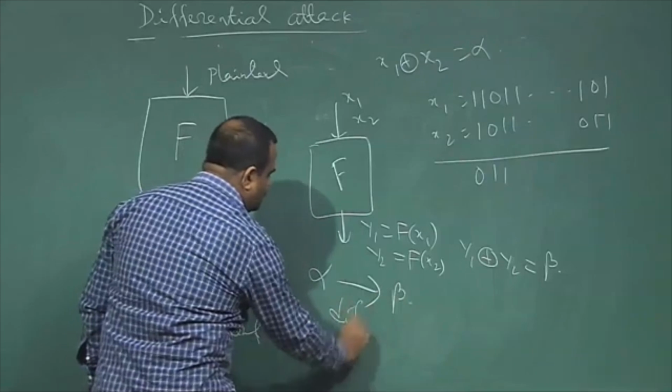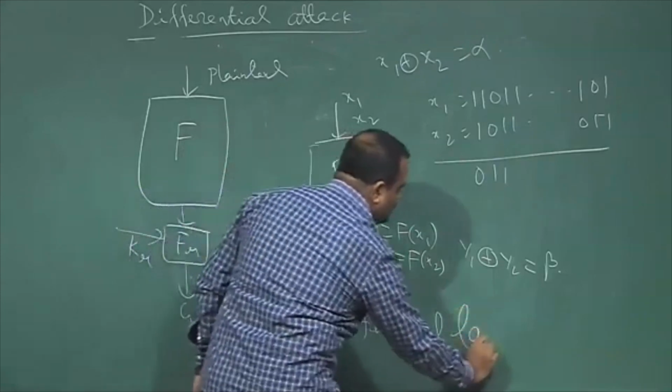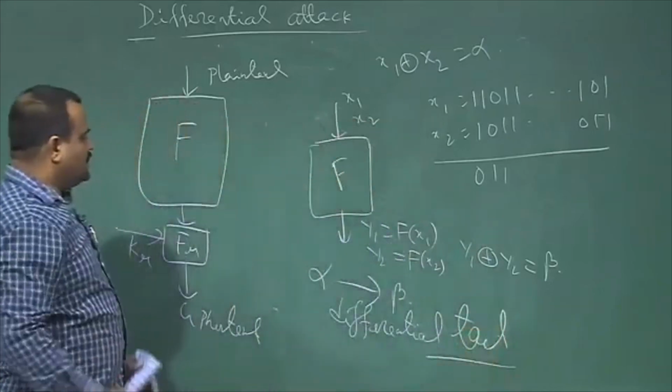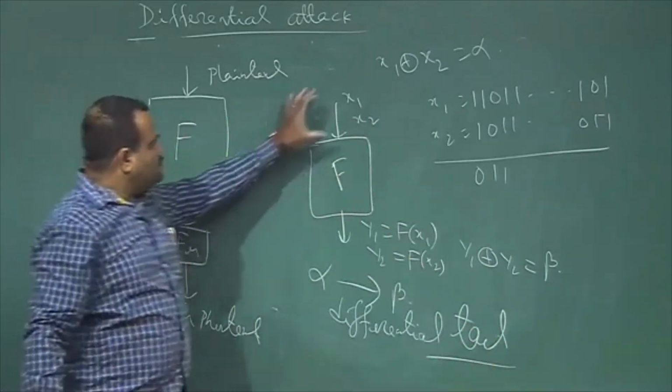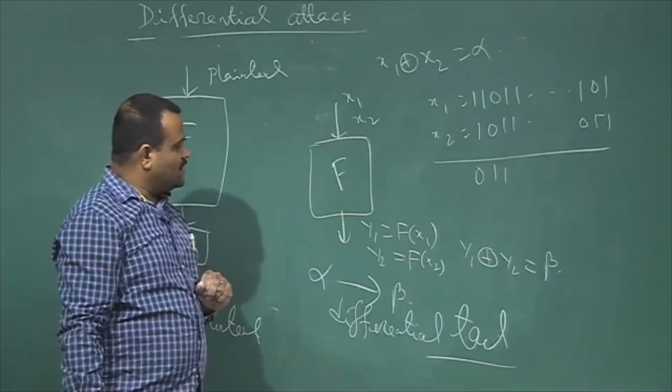This is called a differential. That means if the input difference is alpha, then we are getting the output difference beta.